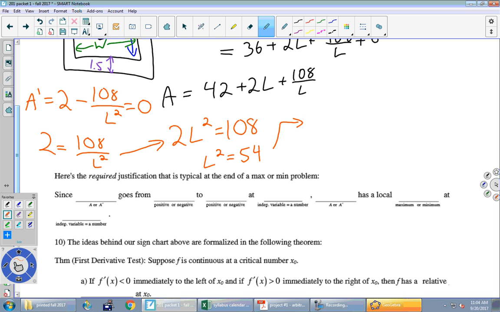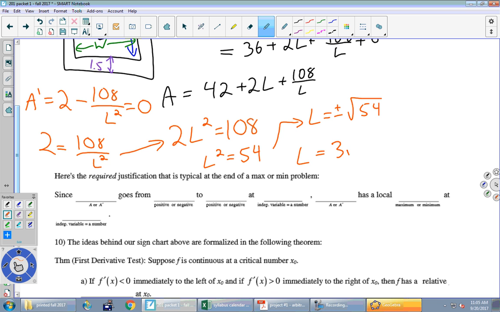And then the square root of both sides, square root of 54. Technically, I'm missing something. What is it? Yeah. Right. When you take the square root, you put in plus or minus. But then we say, hey, L is a length, and it can't possibly be negative square root of 54. So we'll reject that one. And then square root of 54, I guess we can reduce that, right? 9 goes in 6 times.